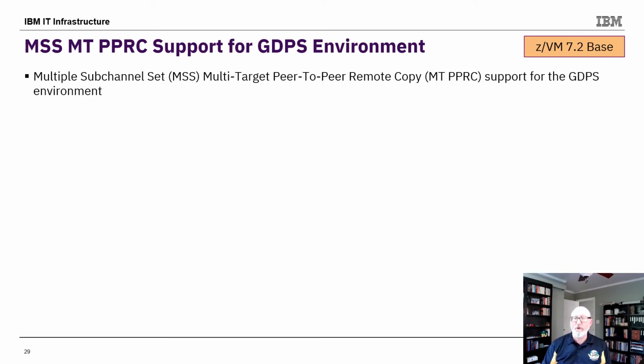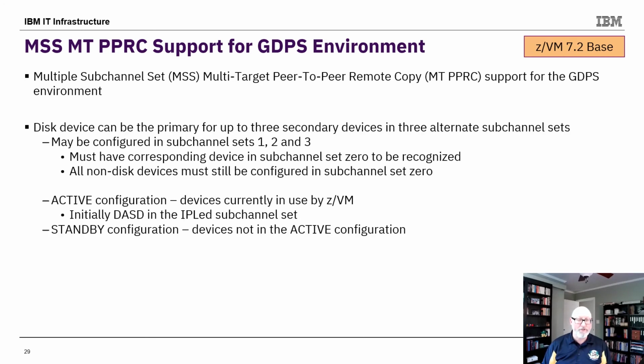Multi-target peer-to-peer remote copy is the idea that we're going to do mirroring of this, but in this case, we're not just mirroring the primary to one secondary, but possibly multiple secondaries, right? So you can have a local replica, and then maybe your second secondary is somewhere distant for disaster recovery scenarios, and really intended in some of the GDPS type environments and solutions there. Right, so as I said, up to 3 subchannel sets there that allow that to work.